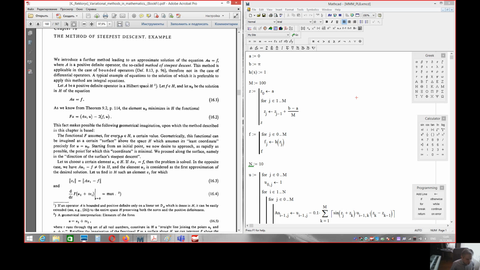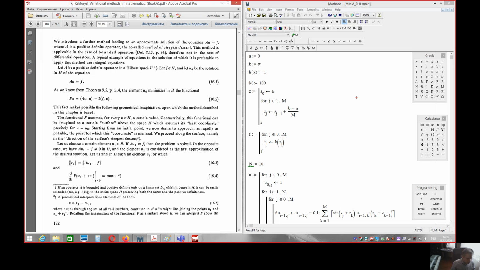This fact that the element U0 minimizes this functional makes possible the following geometrical imagination. The functional f assumes for every u from H a certain value. Geometrically, this functional can be imagined as a certain surface above the space H, which assumes its least coordinate precisely for u equal to u0.